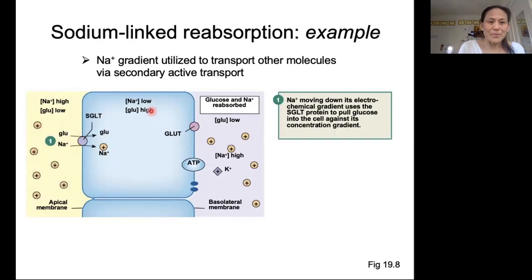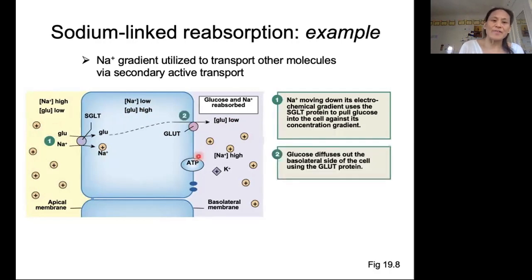Next step, we need to move glucose across this membrane right here. That's going to be fairly easy since we have a high glucose concentration inside of the cell and a low glucose concentration outside of the cell. So we're just going to use facilitated diffusion to move glucose across that membrane there, the basolateral membrane, okay?